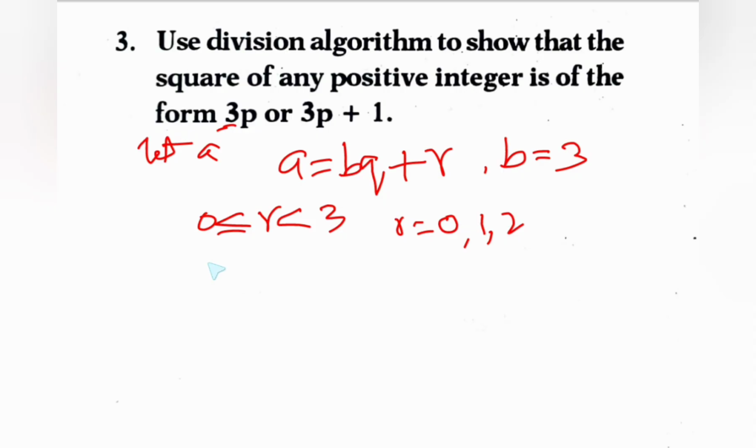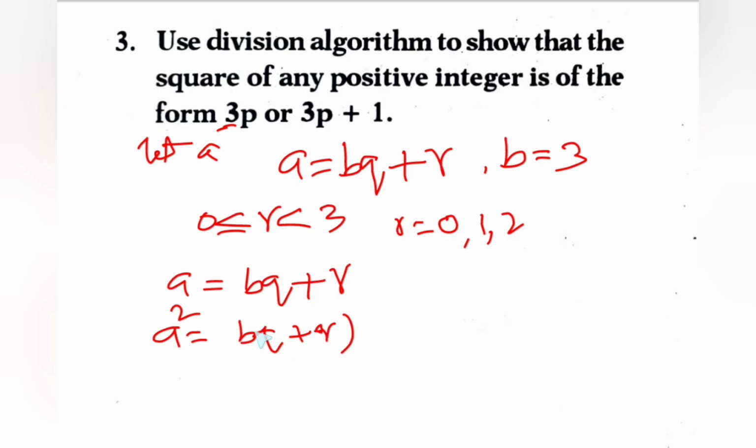Now a equal to bq plus r, a is a positive integer. But here it asks for the square of any positive integer. Square means a square. Now a square is equal to bq plus r whole square.